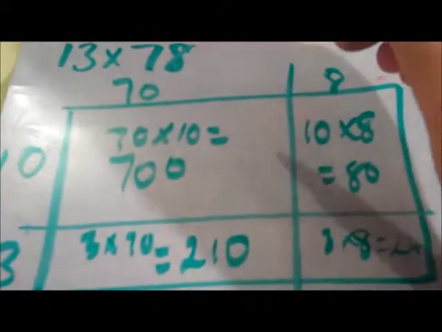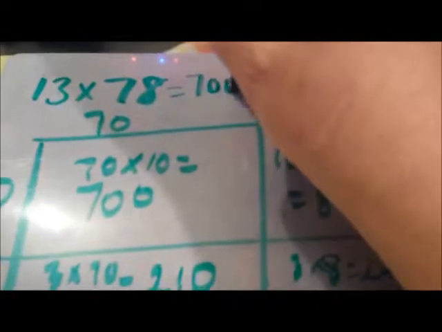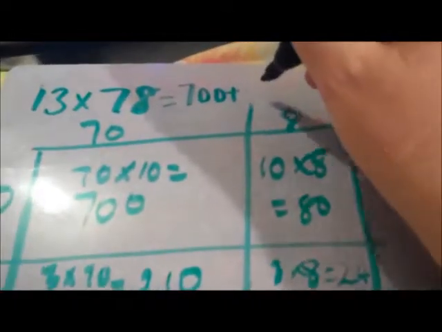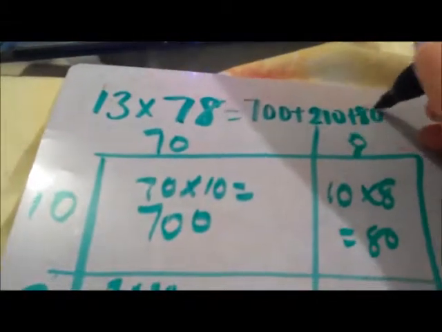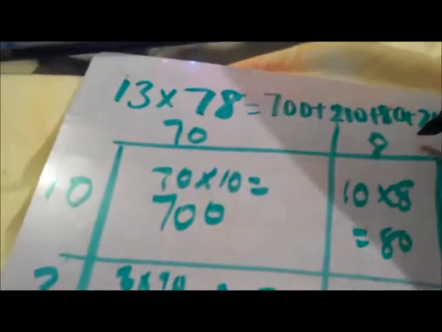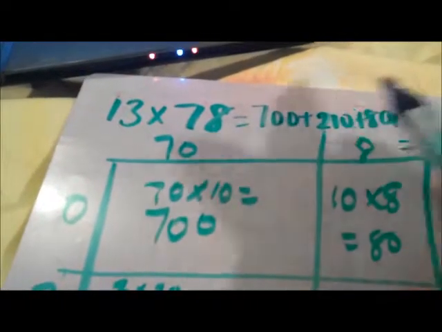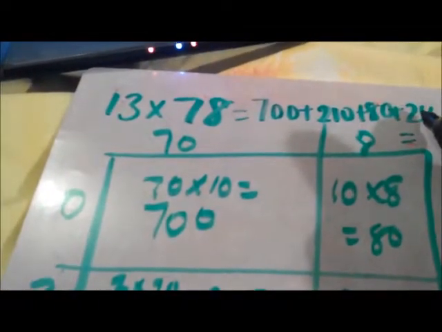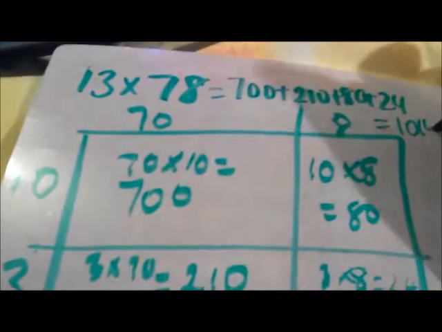So I know that 13 times 78 equals 700 plus 210 plus 80 plus 24, which gives me a total of 1,014.